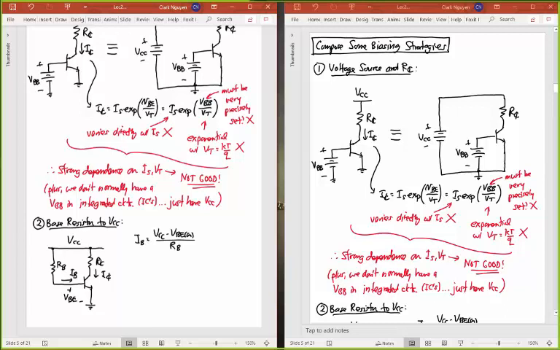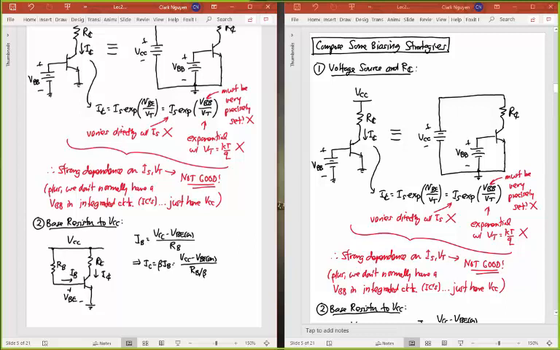Okay, and so from this, then I can say that my I sub C is just going to be equal to beta times IB, which is then going to be VCC minus that VBE on, which is 0.7 volts basically, divided by RB divided by beta.